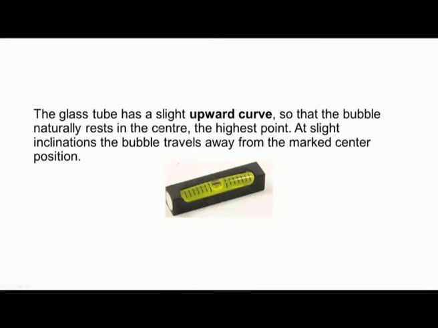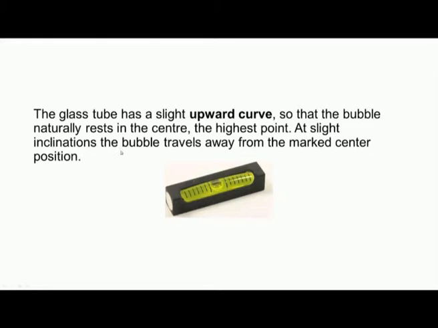Now, the glass tube has a slight upward curve, we can see in this photograph the slight upward curve, so that the bubble naturally rests in the center. When the base is placed on a properly leveled surface, the bubble will be at the center, which is the highest point.